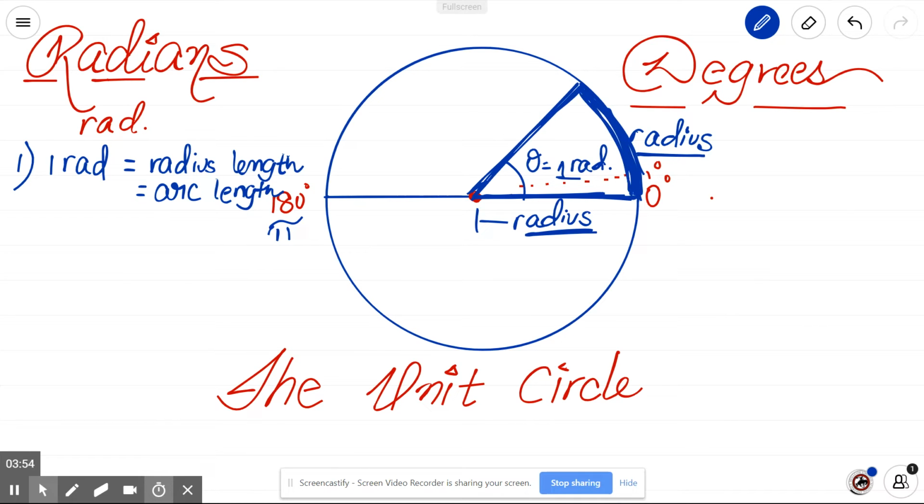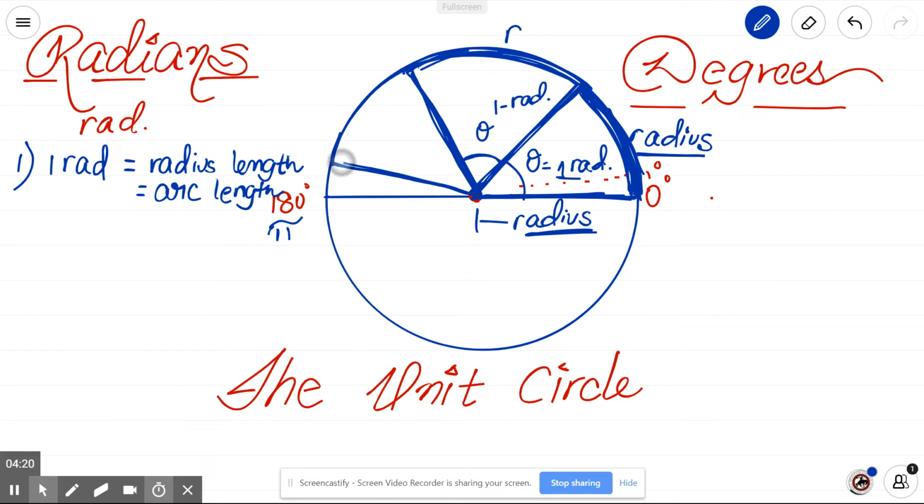So let us say I have another radian going exactly the same length as R. This is my radius. Again, drawings are not drawn to scale. This is just so I can explain it to you. So this is again 1 radian established. So I have another third radius length that I can have.